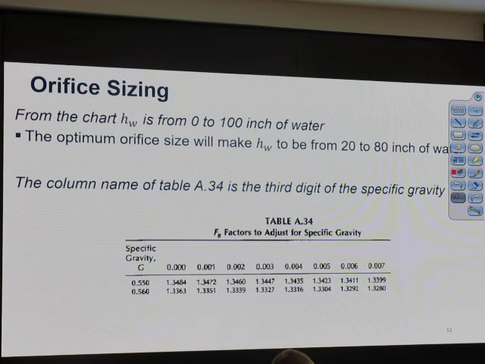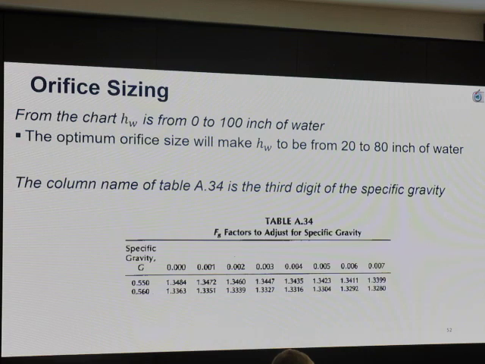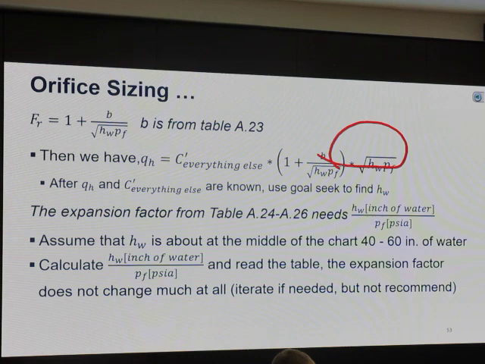Okay? Orifice sizing, from chart hw between 0 and 100 inch, optimum is 20 to 80 inch, we talked about that. For sizing, we calculate pressure drop for each case and make sure that it's between 20 and 80% of the chart range. Just that. Any question? Can you do the orifice?